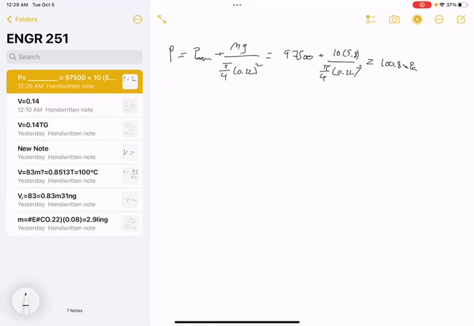We can round it to 0.1 megapascals just to keep things easy. That means initially our state 1 is at 0.1 megapascals, and they give us the temperature of minus 10 degrees Celsius. But they want to know the volume change, so we need to find the initial volume, and the enthalpy change, so we need to find the enthalpy as well.